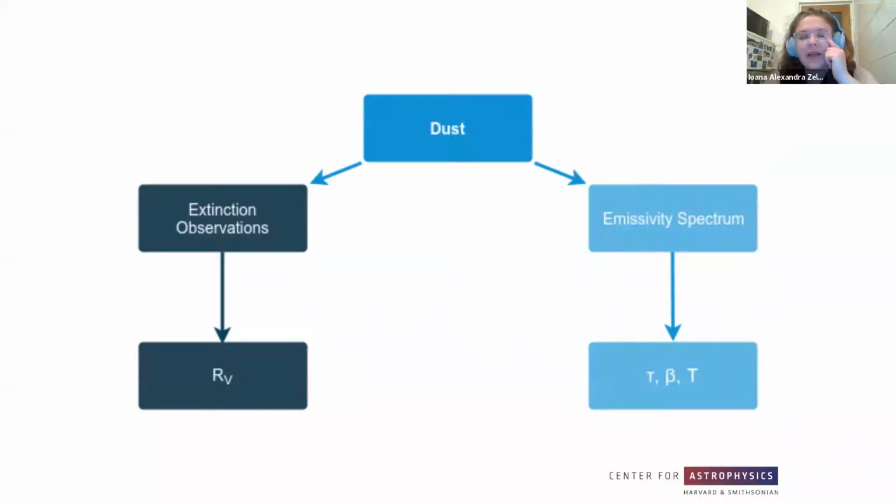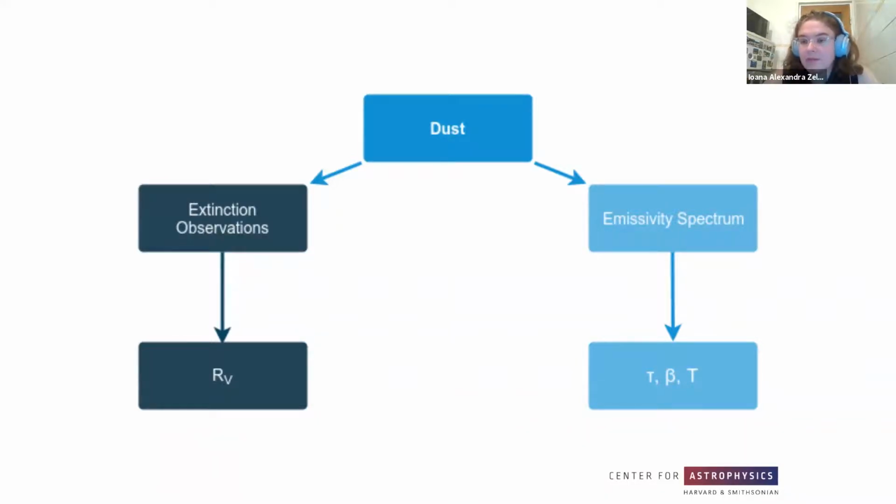And for the emission spectrum, the dust is complicated because we have multiple types of dust grains of different sizes and different compositions, kind of integrated along the line of sight, and they emit together.